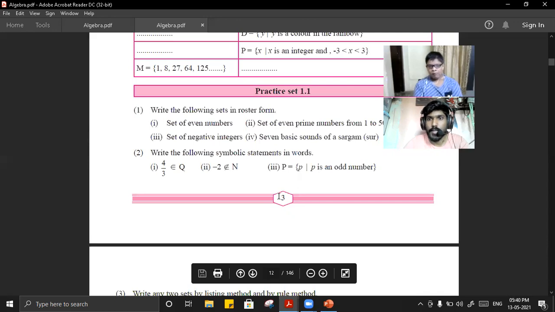Your homework will be writing this entire exercise 1.1, practicing it again. Yes, sir.